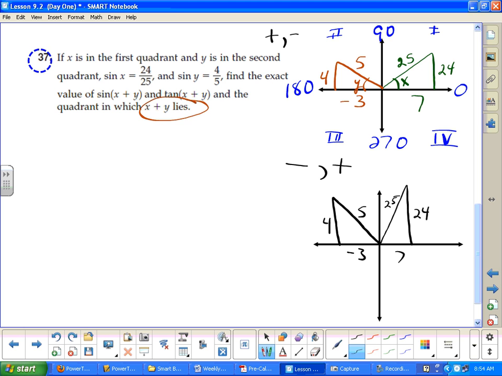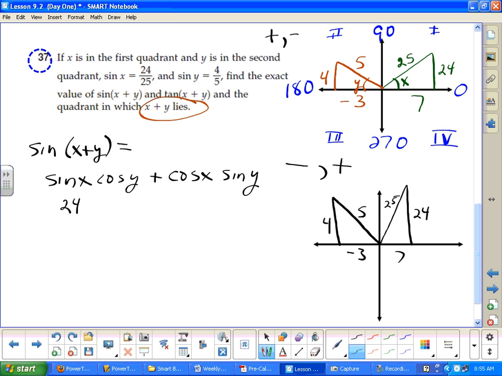So we want the sine of x plus y. That's sine of x, cosine of y, plus cosine of x, sine of y. So let's see, sine of x, 24 over 25.